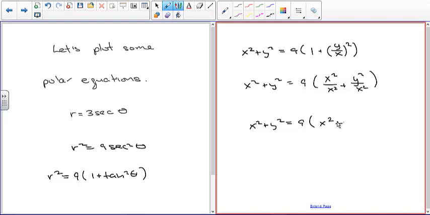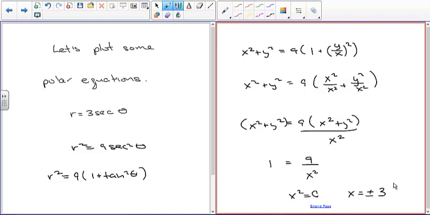You get x squared plus y squared over x squared. But you'll see that I have x squared plus y squared on both sides. If I divide both sides by this, it disappears, and I get 1 equals 9 over x squared, or x squared equals 9, or x equals plus or minus 3.